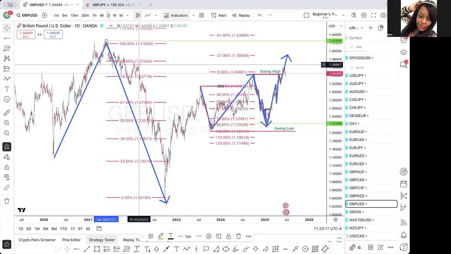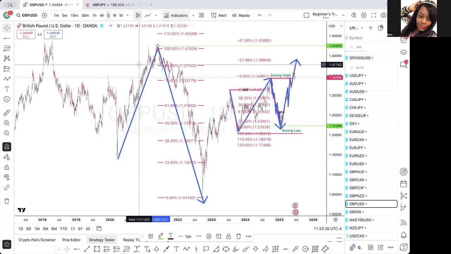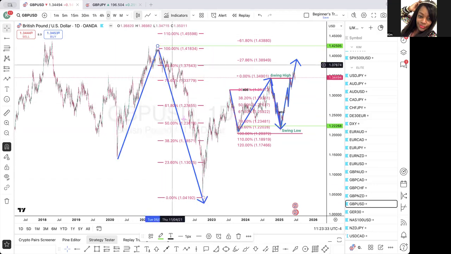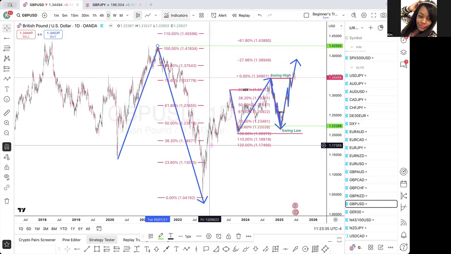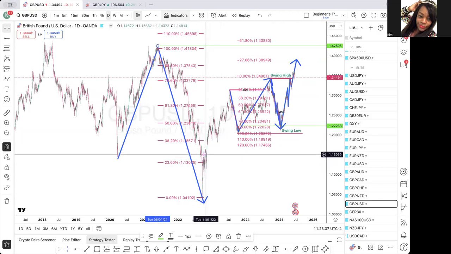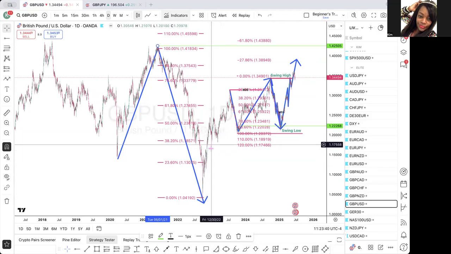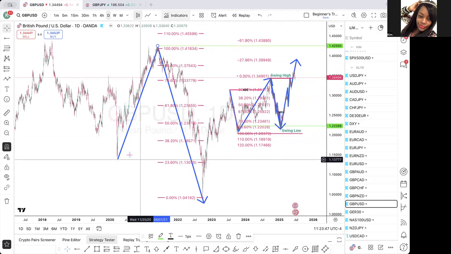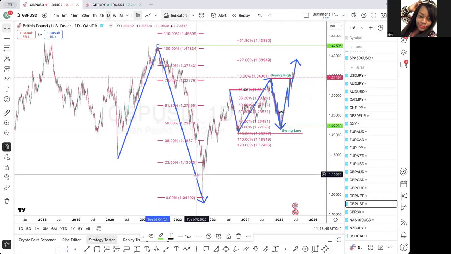The way I trade, my plan, my strategy is very simplistic. I go to my higher time frame. I look for the current structure that we're in. As you can see, this is the current structure that we're in. And then you get a shift in structure, and you're looking for price to then buy up to the 78 or 88 of this structure here.